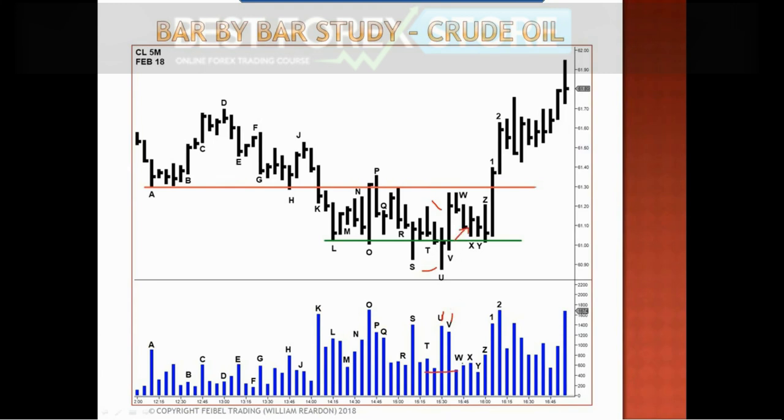We just drift down. And then X, evidence of buying. We close off the lows. And then Y, no supply again. The lowest volume down bar on the chart, again we're at support after good buying. So all of these bars here just reflect the lack of selling pressure.